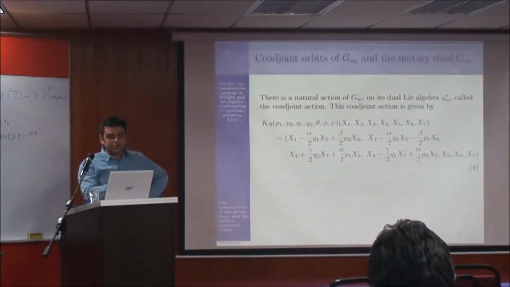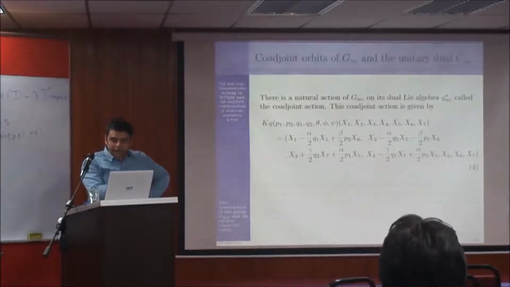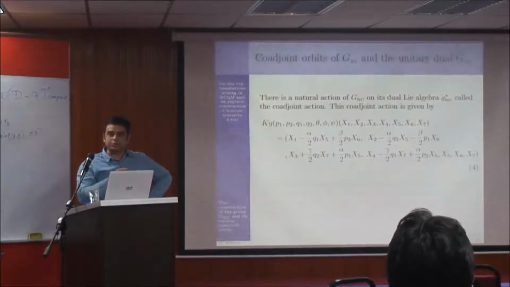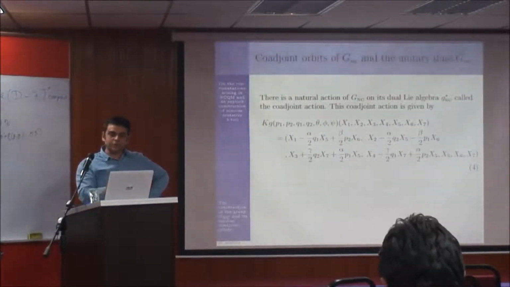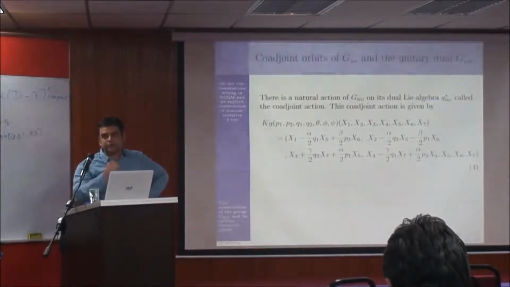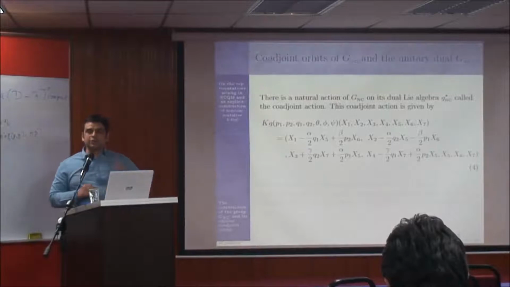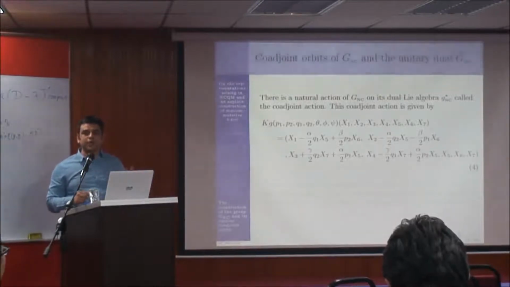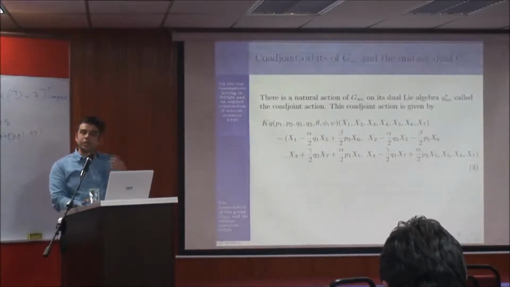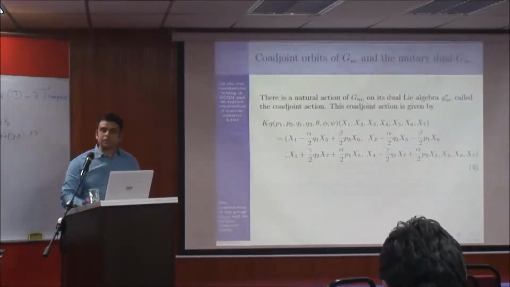Here is the computation of the coadjoint action of the group on the dual Lie algebra. Here is how it looks, equation number 4. This is an important equation from which we will be able to compute all the families of the underlying coadjoint orbits explicitly, which has been done in the other paper that I mentioned at the beginning of the talk.